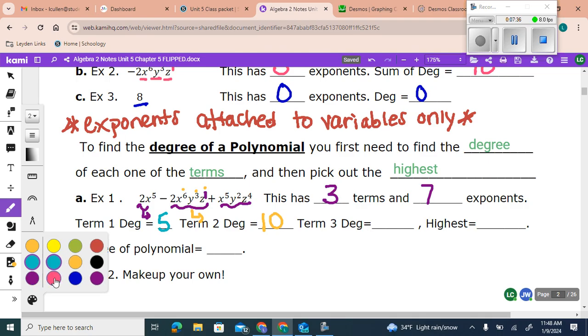The third term, we have 5 plus 2 plus 4, which is 11. Out of these 3, 5, 10, or 11, what is the highest number? 11, which means the degree of the entire polynomial is 11.